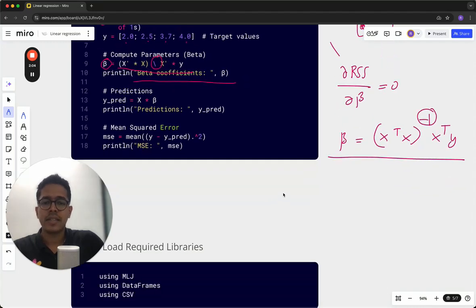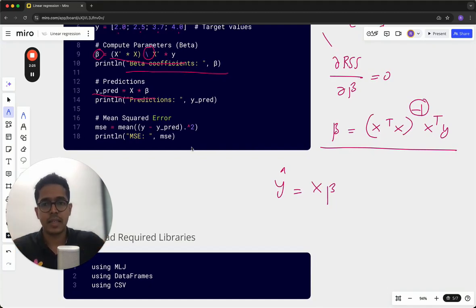Now, what are the predictions? We know y cap equal to x beta, right? So that is what we are doing here. Y pred equal to x times beta. This is, again, remember, matrix multiplication. These are not scalars. And then we print the mean squared error, because our whole idea was minimizing mean squared error.